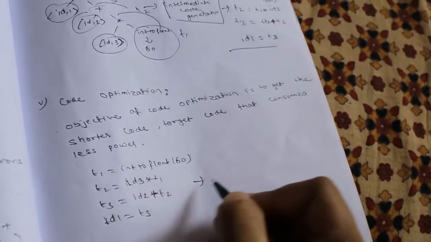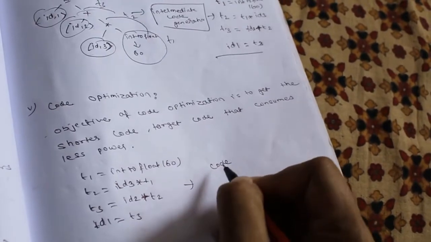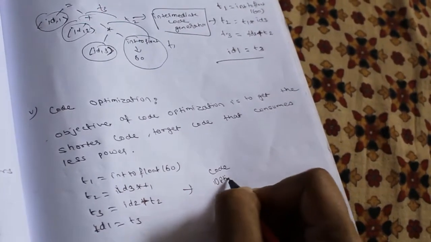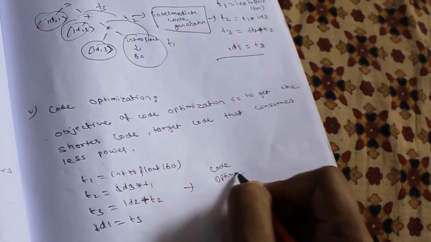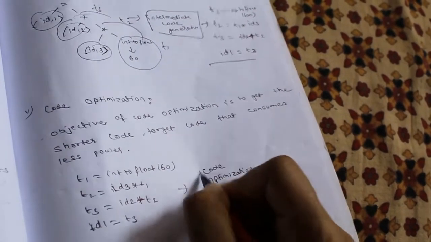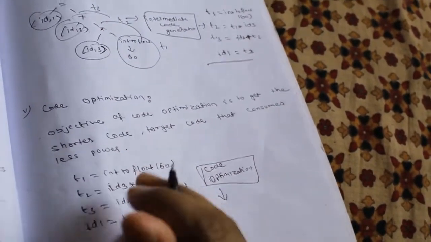This is the intermediate code. So we are passing it to the code optimization, and it will generate the optimized code.